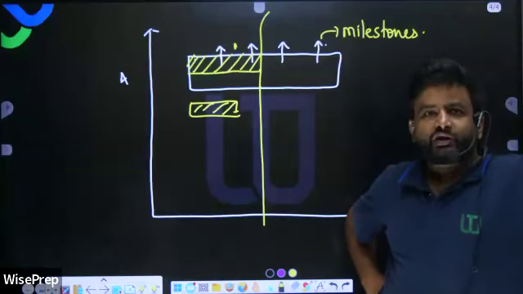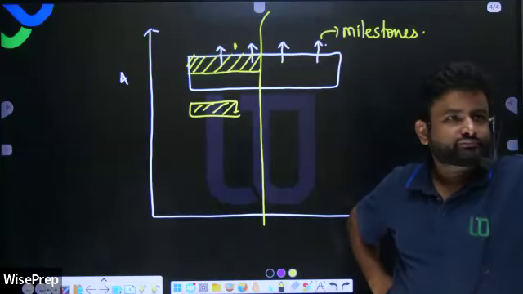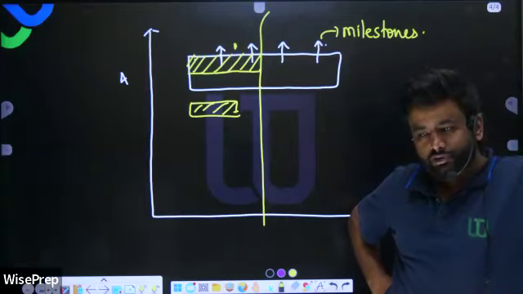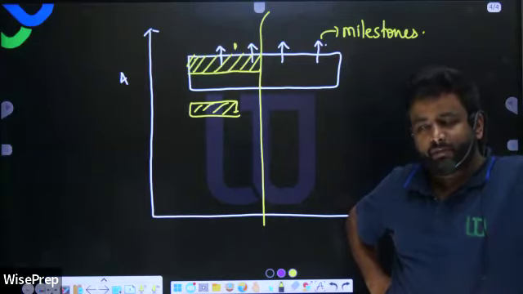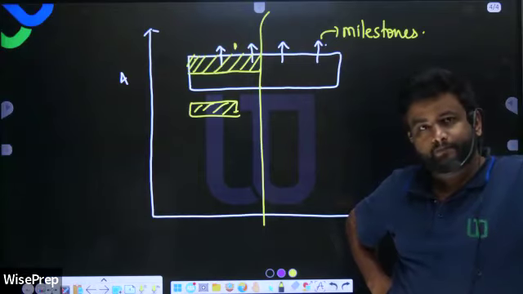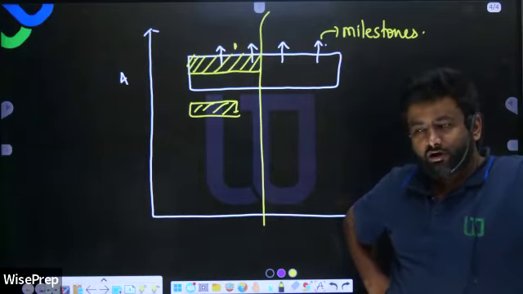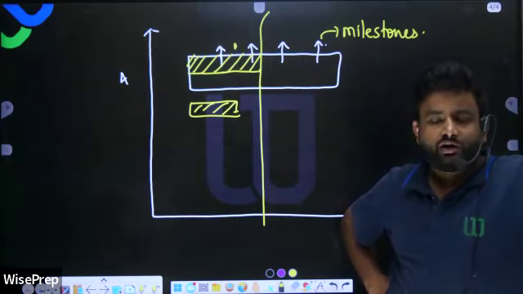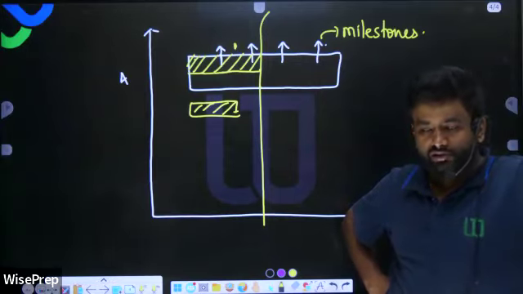So write down, second limitation is review of project progress. First, it does not show the project's progress.